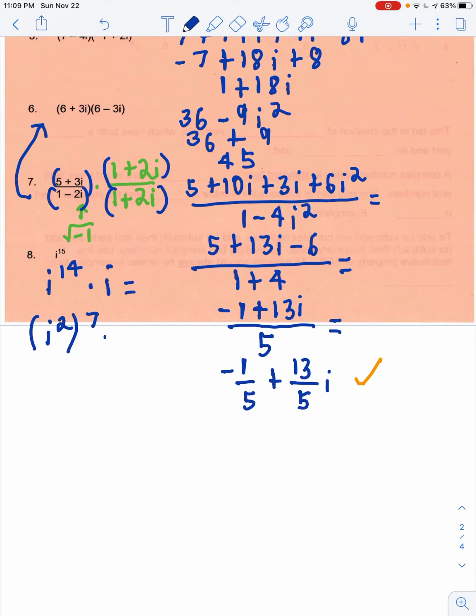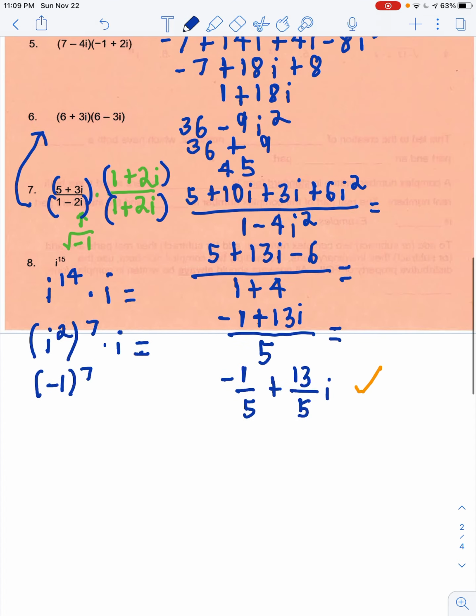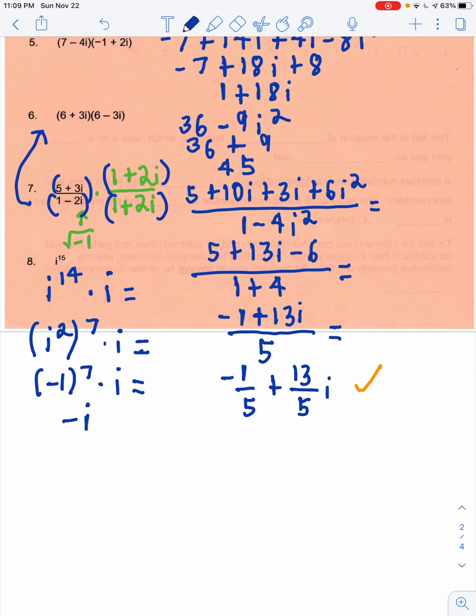So that means we have i squared raised to the 7th, so that's really negative 1 raised to the 7th times the extra factor of i. And because 7 factors of negative 1 being multiplied together will be negative, that means I really have a negative 1 times i, or negative i.